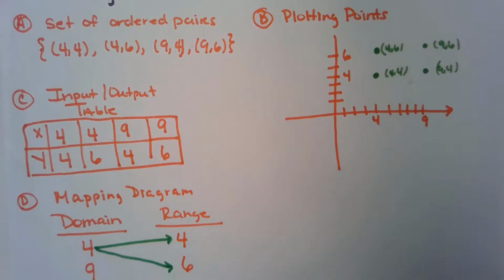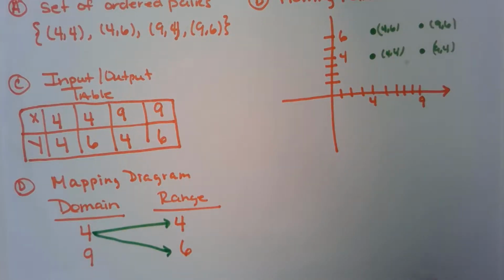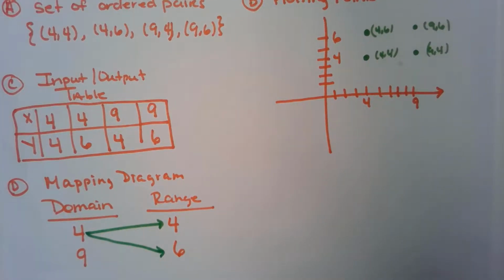Let me just stop here for a second because I want to talk again about what is a function. Going back to your notes, a function is a relation in which no two ordered pairs have the same first component and different second component. A function can have two different first components with the same second component.